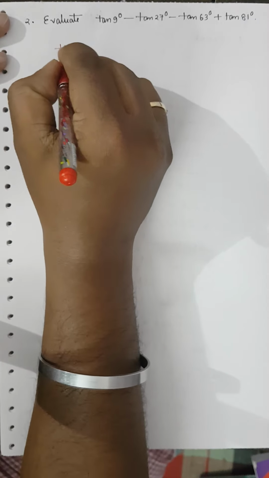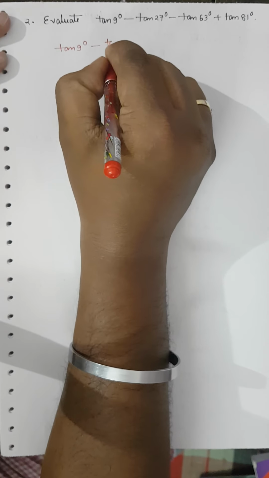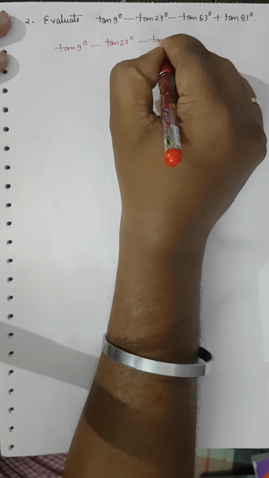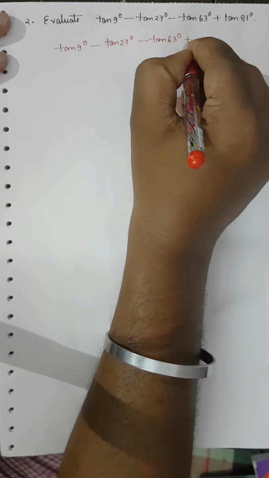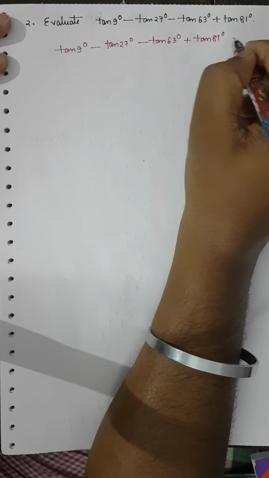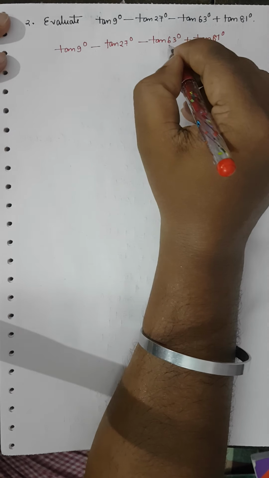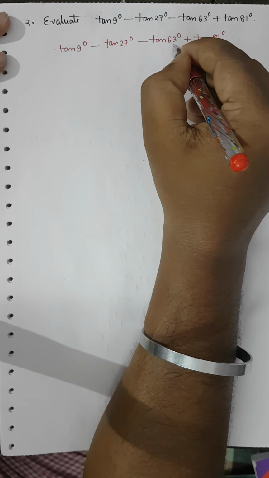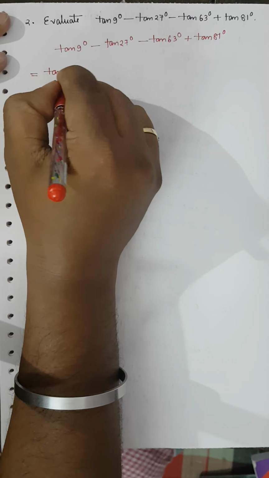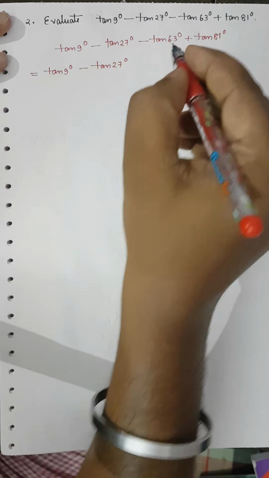This is tan 9 degree minus tan 27 degree minus tan 63 degree plus tan 81 degree. What is 81 degree? This is 90 degree minus 9 degree, and this is 63 degree, which means 90 degree minus 27 degree. So I can write this as tan 9 degree minus tan 27 degree.